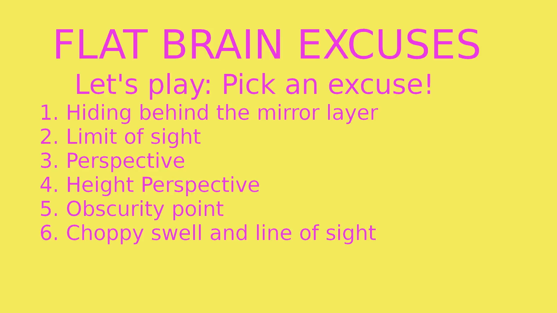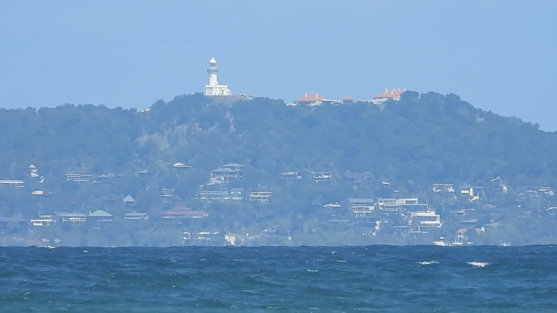Now, it is definitely interesting. So yes, of course, you can see further the higher you go. And flatties twist this into something different. The reason why you can see further is simple geometry.